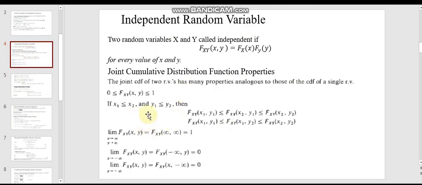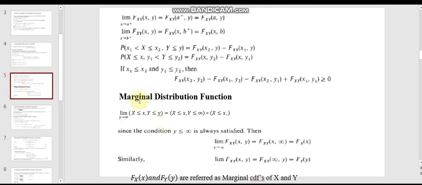If some function or CDF fulfills these properties, then we can say that it is the joint CDF function. Now let us talk about the marginal distribution function. If y approaches infinity, then the joint CDF is equal to the CDF of random variable x.